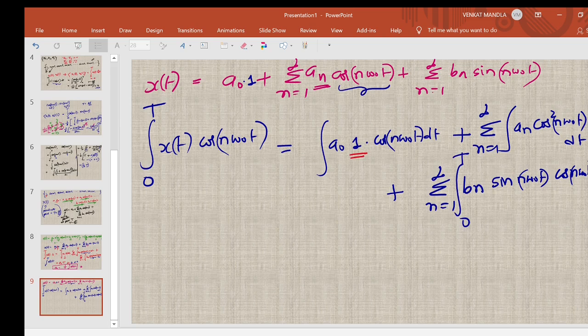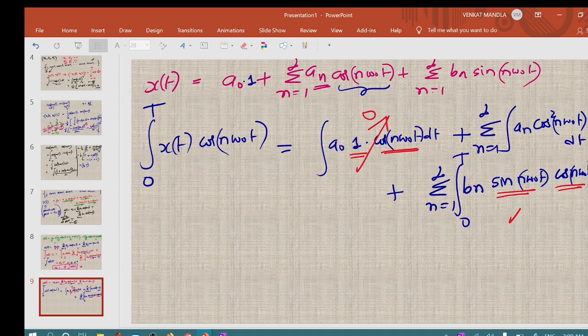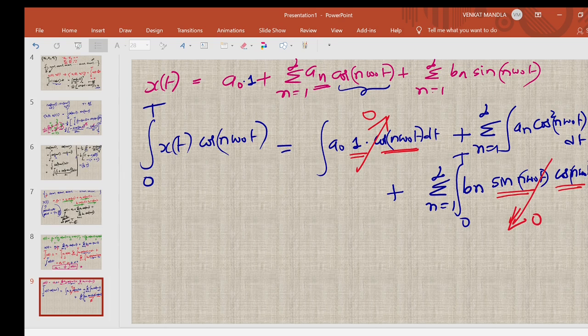This 1 and cos n omega naught t are orthogonal signals, so their inner product is 0. Here also sin n omega naught t and cos n omega naught t are orthogonal signals, their inner product is also 0. But here we have an cos square n omega naught t. I have already derived this.